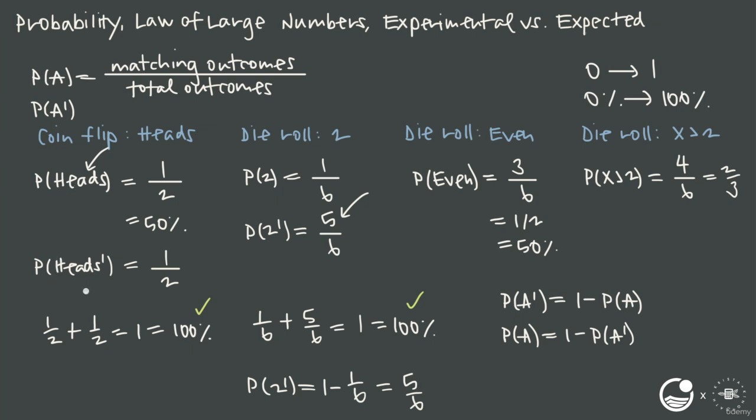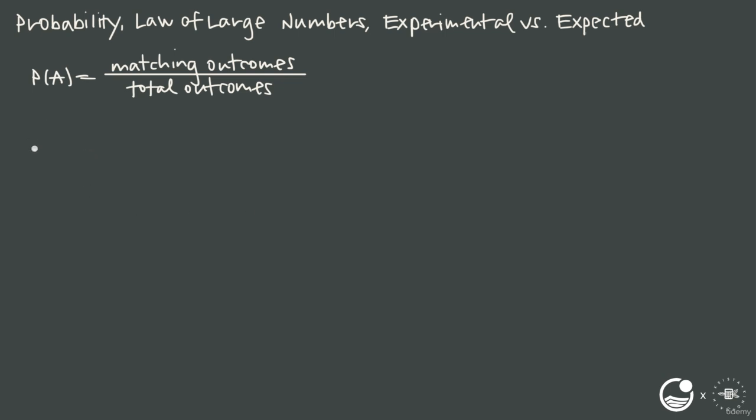Now that we understand this idea of the probability of an event and the probability of its complement, and the fact that those two probabilities will always sum to 100%, let's circle back to this original probability formula and talk about this idea of experimental versus expected probability. So we just talked about the idea of flipping a coin with two sides, heads and tails, and we said that the probability of flipping heads was going to be equal to a 1 in 2 chance, one matching outcome over two total outcomes, or a 50% chance of flipping heads on any one coin flip.